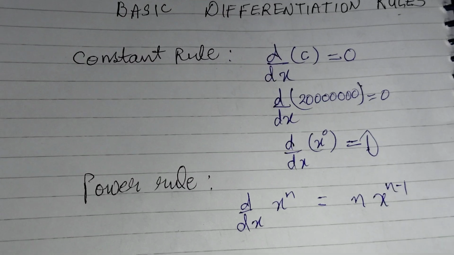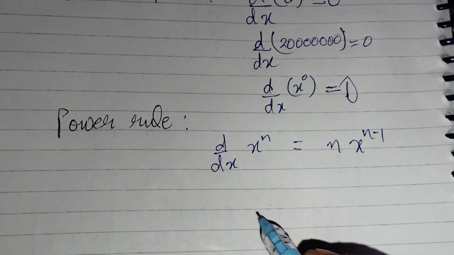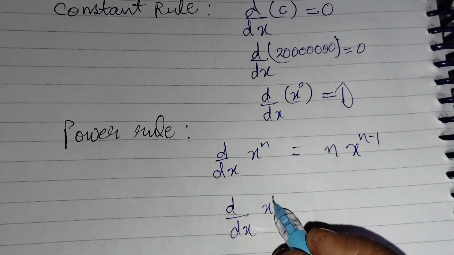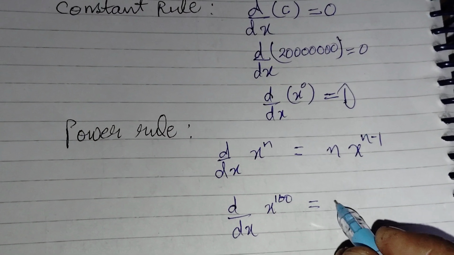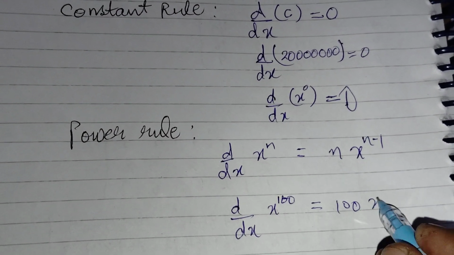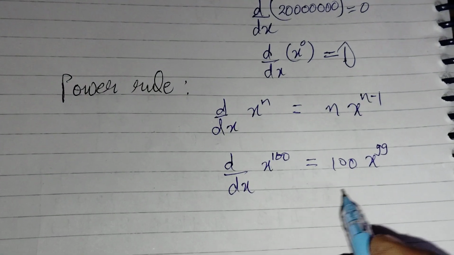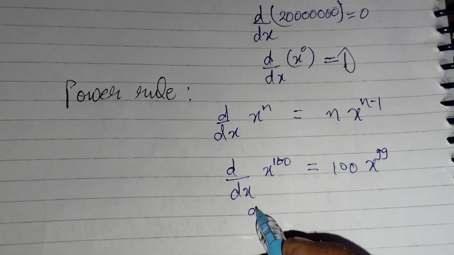So n x power n minus 1 is the answer. Take an example. Suppose the question asks for the differentiation of x power 100. So 100 will come in front, and then the power will decrease by 1, so the power will be 99 of x. So 100 x power 99 is the answer.